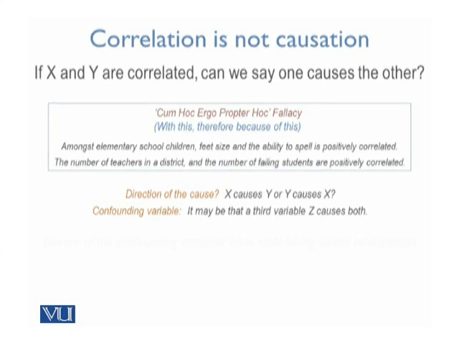In both these examples, while we can observe a positive correlation in the two variables that we are observing, we have a confounding variable. In the case of elementary school children, the size of their feet and their ability to spell, the confounding variable is the age of the children, which is actually causing their ability to spell to improve. And in the other case, the confounding variable is the population of that district.